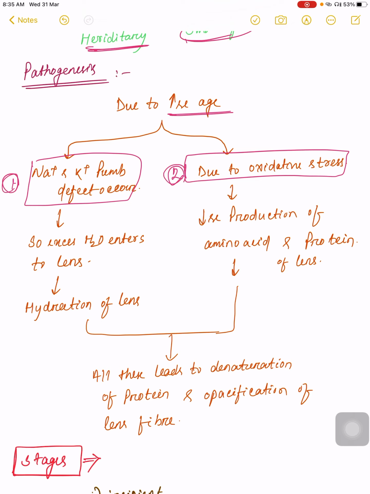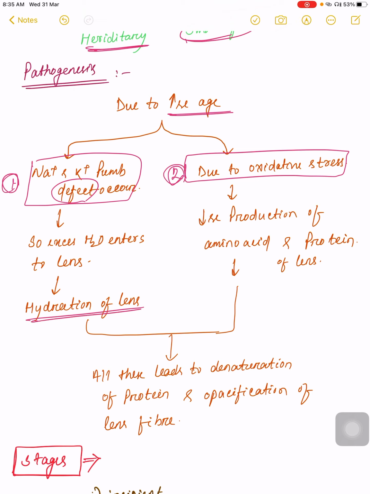Due to the defect in the sodium and potassium pump, excess water enters the lens. If excess water enters our lens, the lens swells and becomes turbid. If the lens swells, it will not be able to do its function properly. So what happens is hydration of the lens.